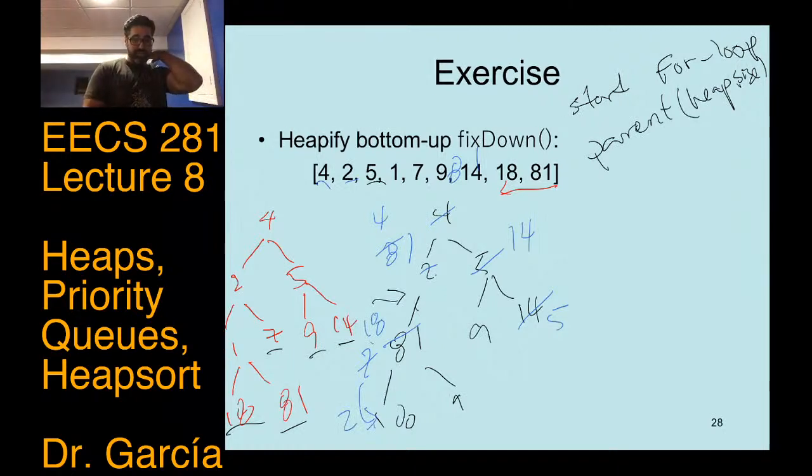So the fix down, when I got to the fix down from 2, would have bubbled twice. This is a scenario in which we do happen to swap 2 times to the bottommost level, but on average, the number of swaps that you have to do is much less than having to bubble it all the way down.